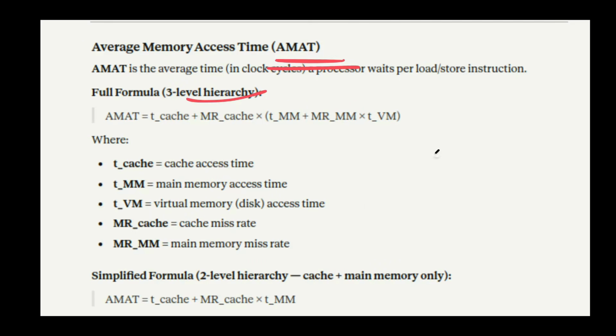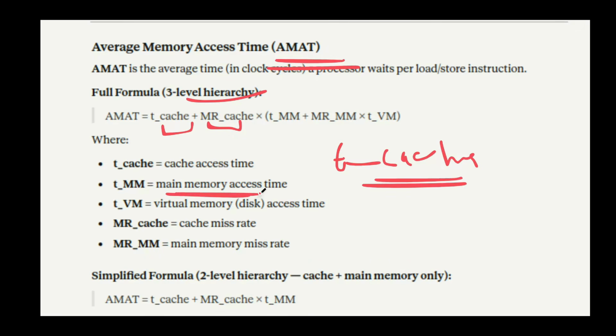So in that, the equation is T of cache, the time from the cache, plus, if a miss happens in the cache, we take it from the main memory, and sometimes the miss can happen in main memory too, so we have to take it from the virtual memory.